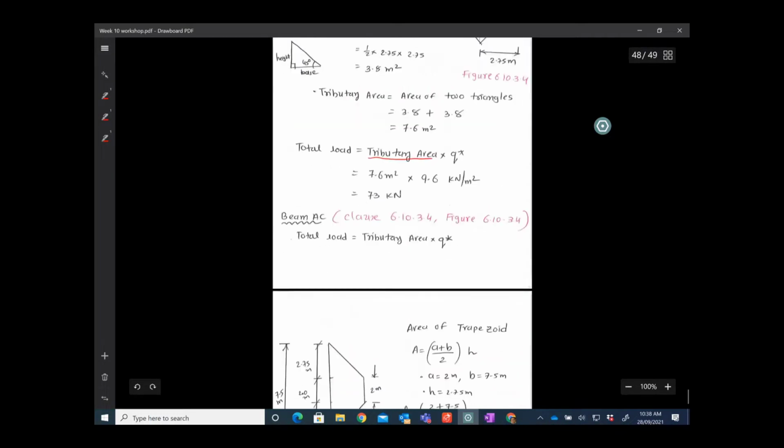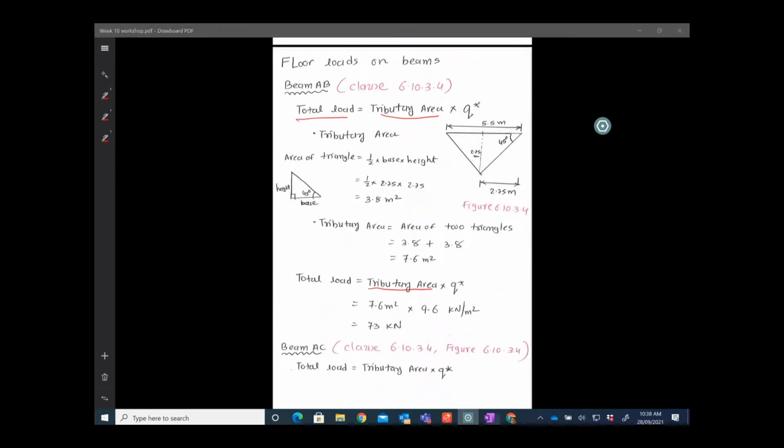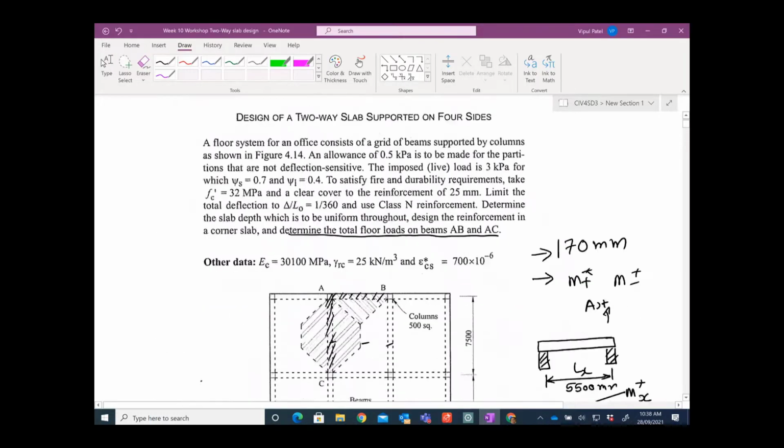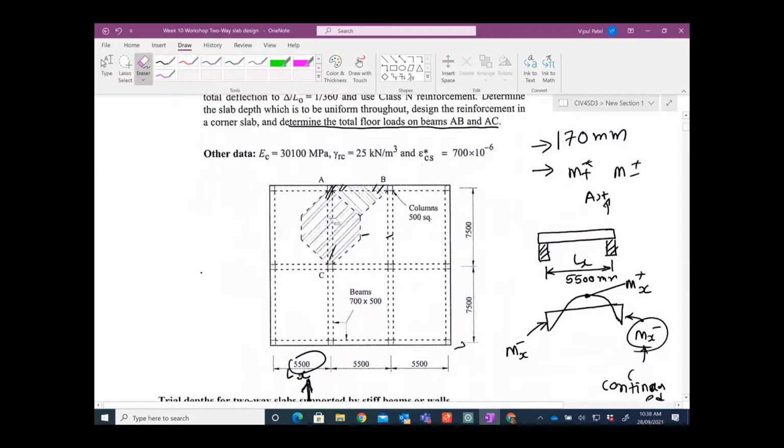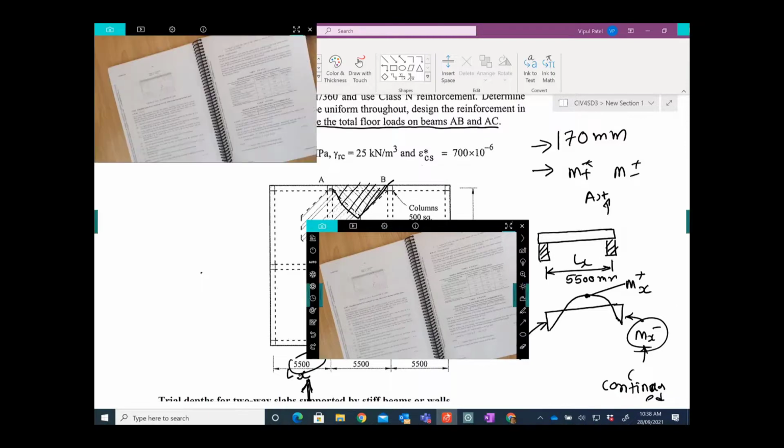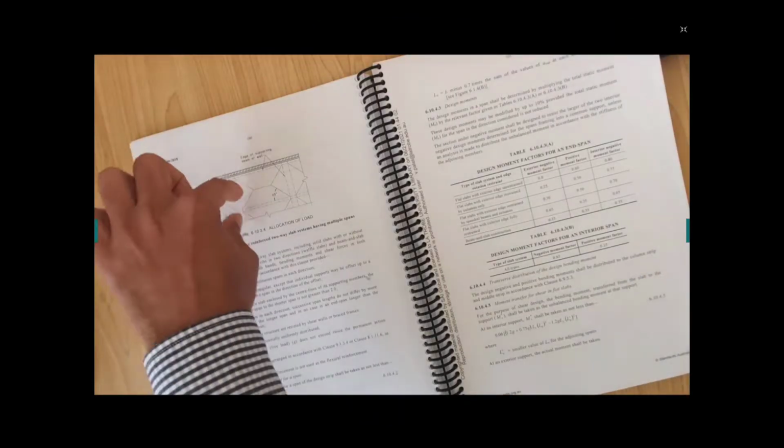So remember the standards: the shorter side of the beam will have a triangle, right? So for this beam AB, we need to find this area, because the shorter side is a triangle.